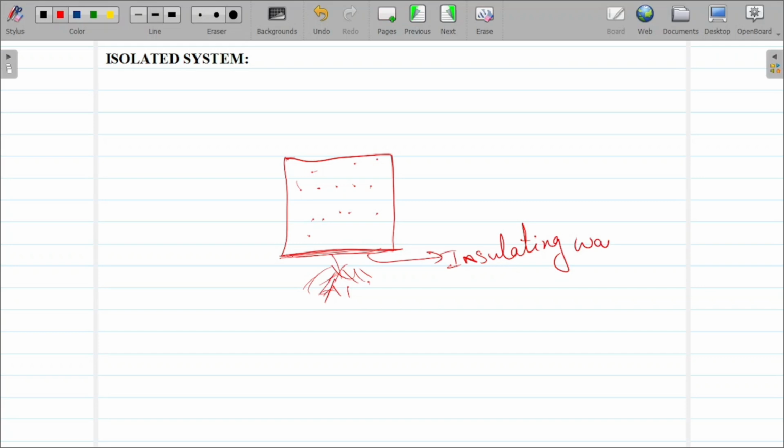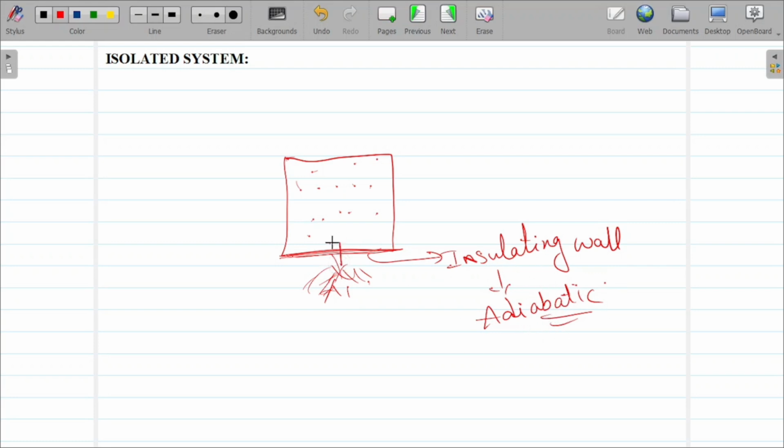Insulating wall. So what will that be called? Insulating wall is called adiabatic wall. Okay, clear? What will this wall do?